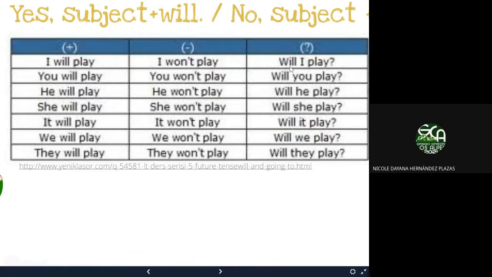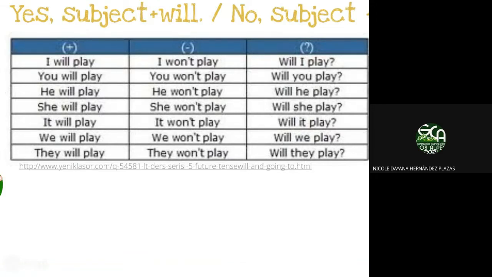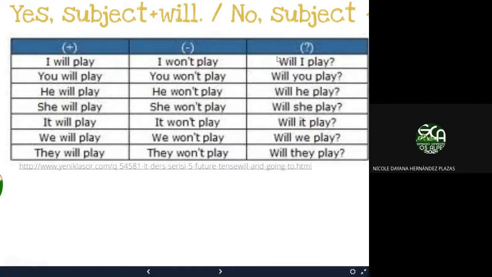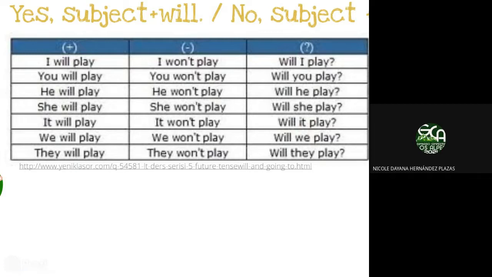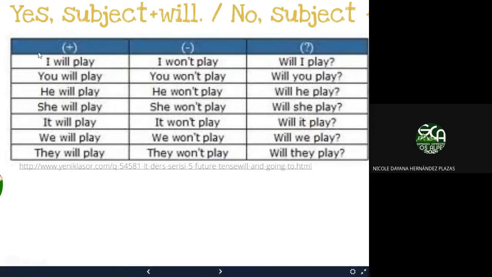And what about interrogative? In interrogative, how can you do it? You have to change the order. Cambias el orden. Entonces lo primero que te va a salir va a ser el will. So will, subject, and verb. You got it? Remember, in affirmative, subject, will, and verb.